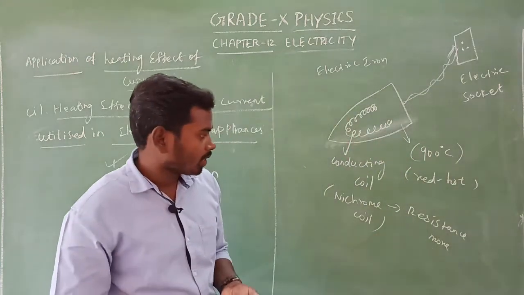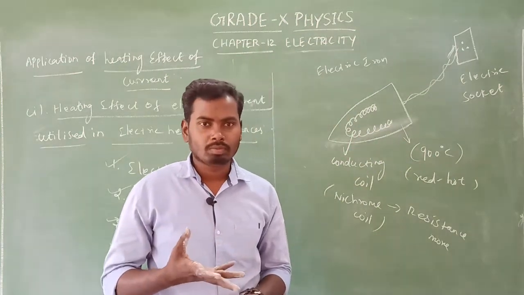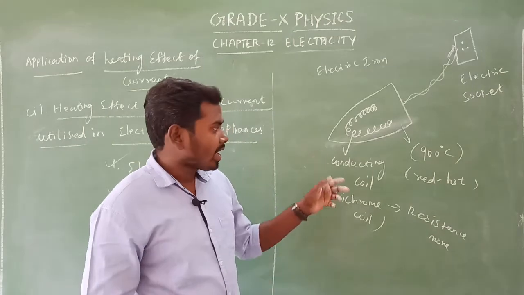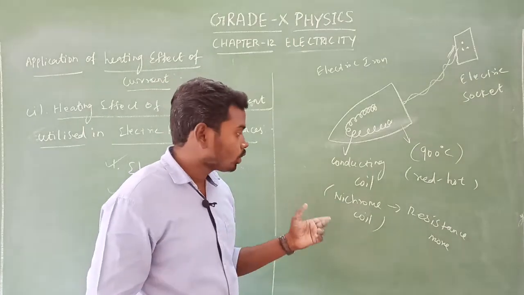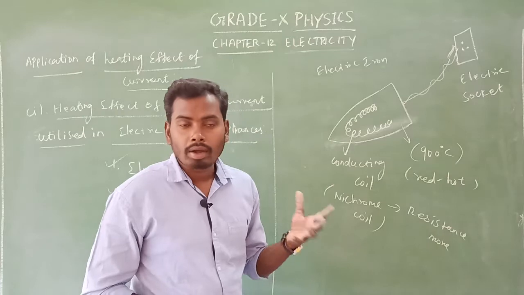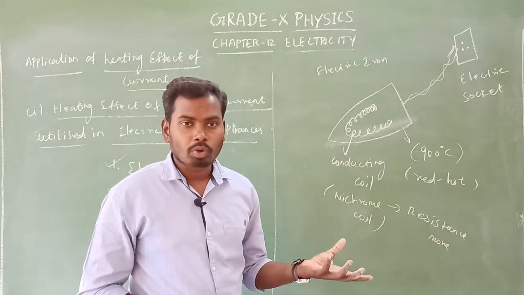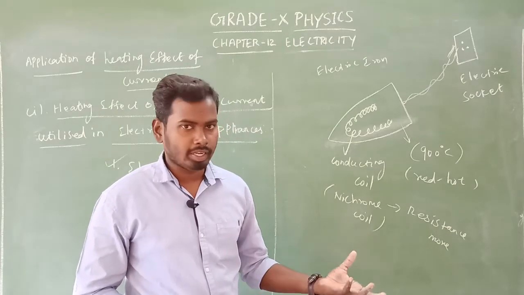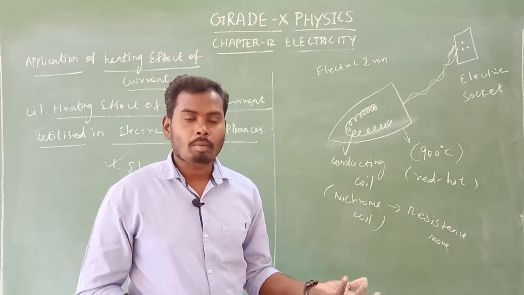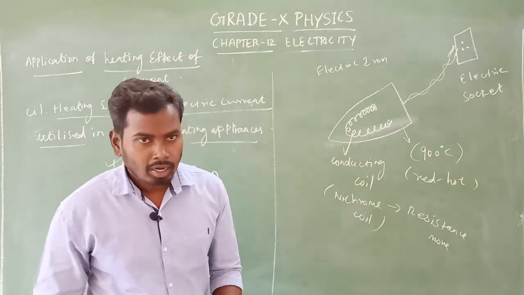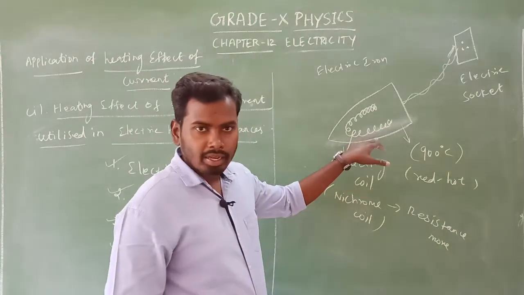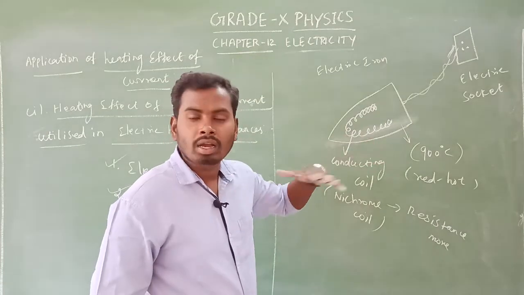That the nichrome wire becomes very hot. At 900 degrees Celsius, the nichrome wire gets red hot, which means it produces a maximum amount of heat. Is that clear? Maximum amount of heat, isn't it? So due to this heat, we can make ironing.